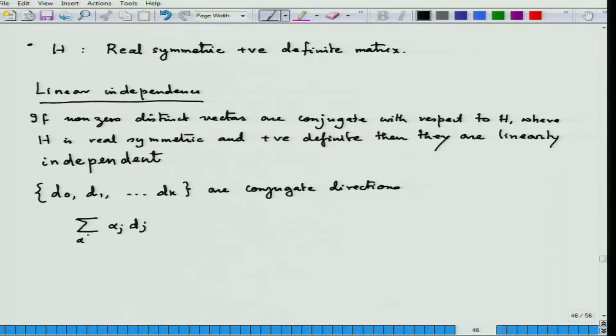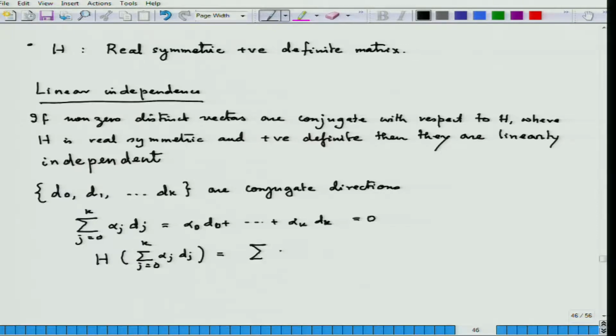Suppose for those scalars I have the summation from j equal to 0 to k, alpha naught d naught up to alpha k dk, equal to 0. Then H of the summation over j equal to 0 to k is zero, by the property of matrices.